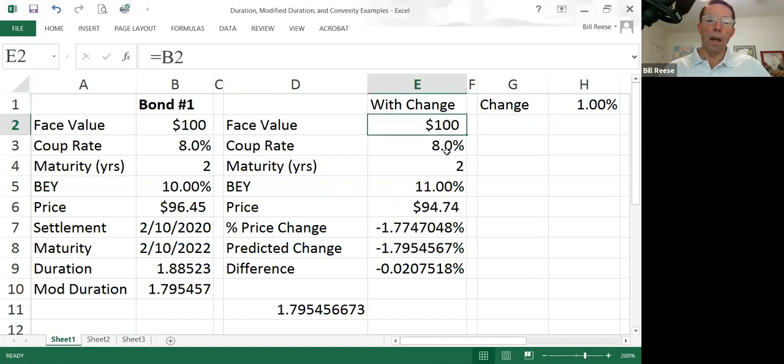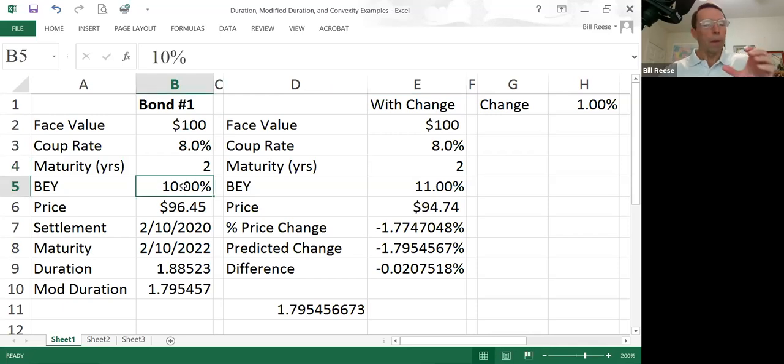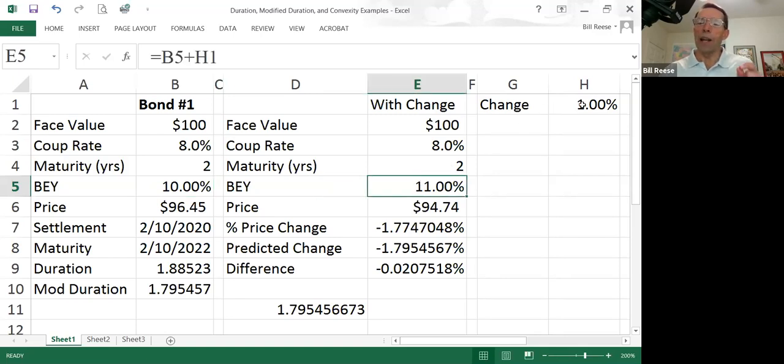The face value of the bond, here's the coupon rate, here's how long till it matures, but over here we've got the current yield on the bond, where it starts at 10%. Here we're seeing what the yield on the bond is when interest rates go up by this amount in cell H1. So if interest rates go up by 1%, the new interest rate is 11%.